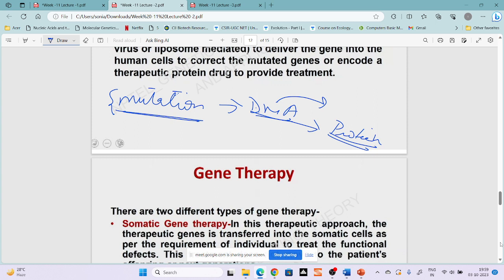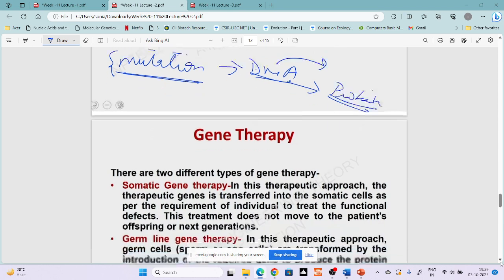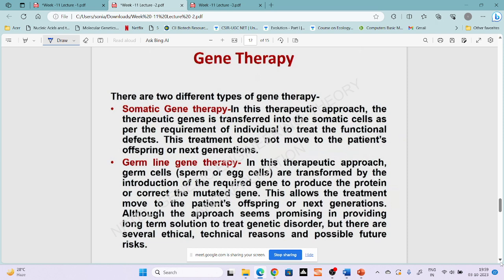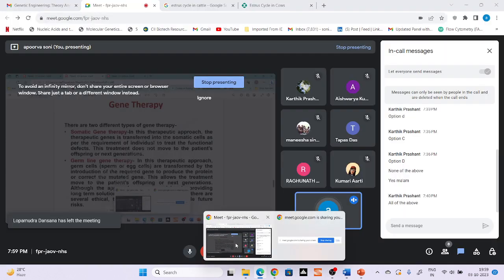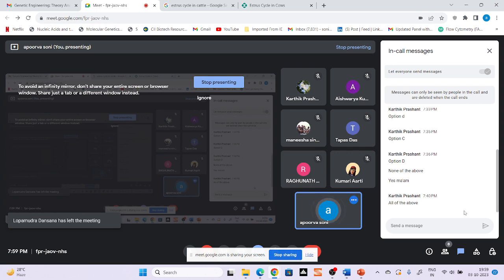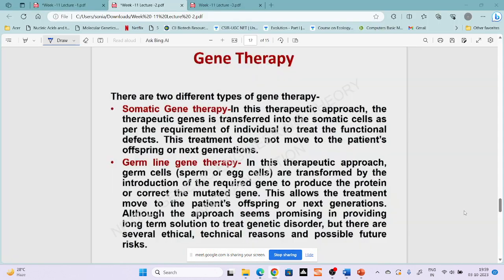Okay, so coming back to the gene therapy topic, basically gene therapy can be done in two ways. The first one is somatic gene therapy, and the other one is germline gene therapy. Somatic gene therapy means that whatever therapeutic genes are there, they are transferred into the somatic cells.